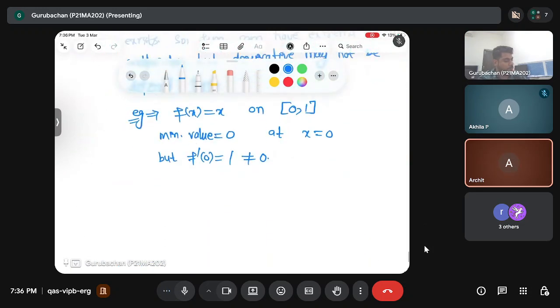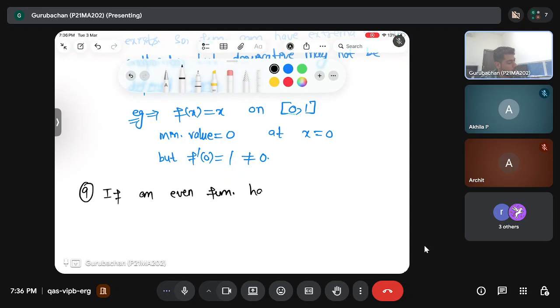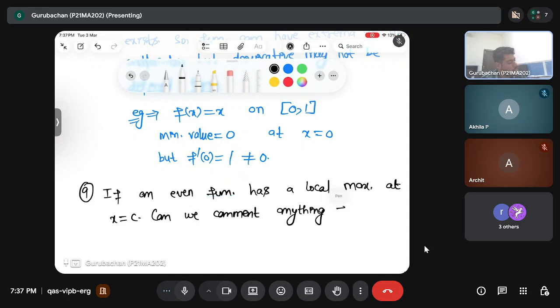Okay. So next one is, if an even function has a local maxima at x equal to c, can we comment anything for f at x equal to minus c?